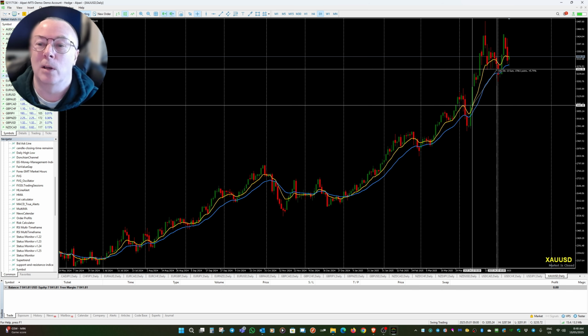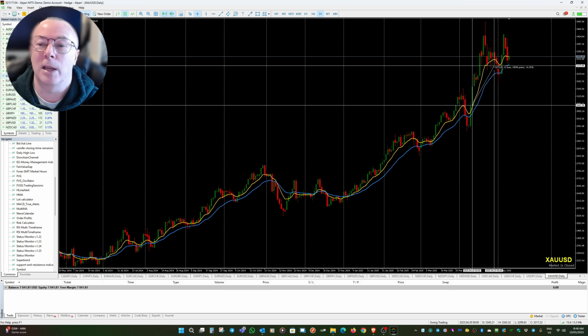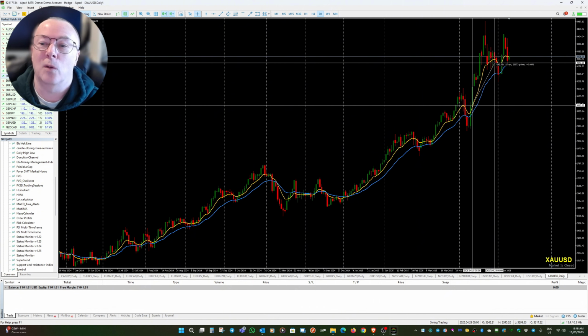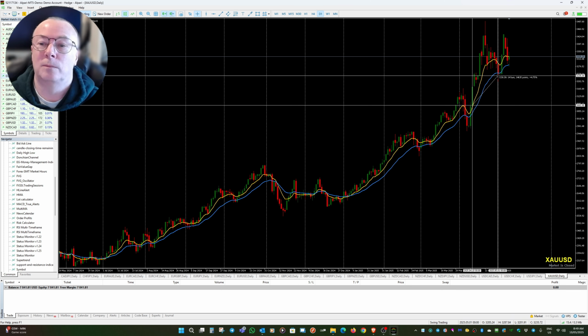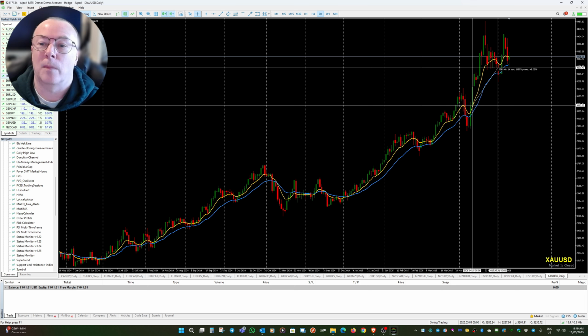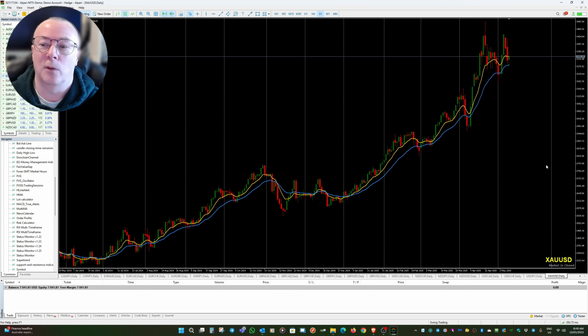If we let it go until it closed below the 9 EMA, we would have got 20,000 points. So that is about, let's see, it's almost a 1.5, not quite.